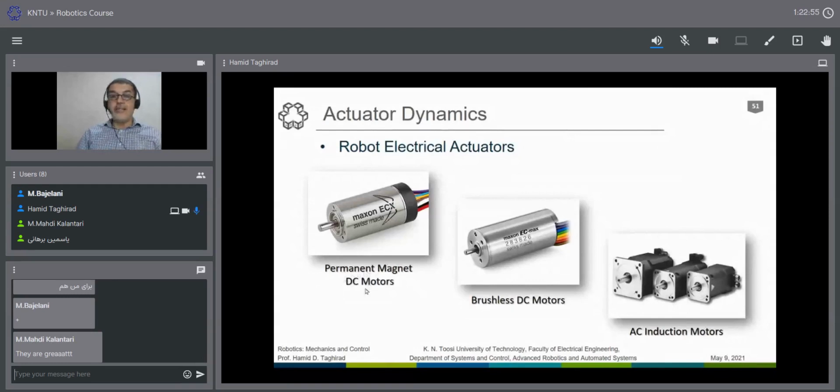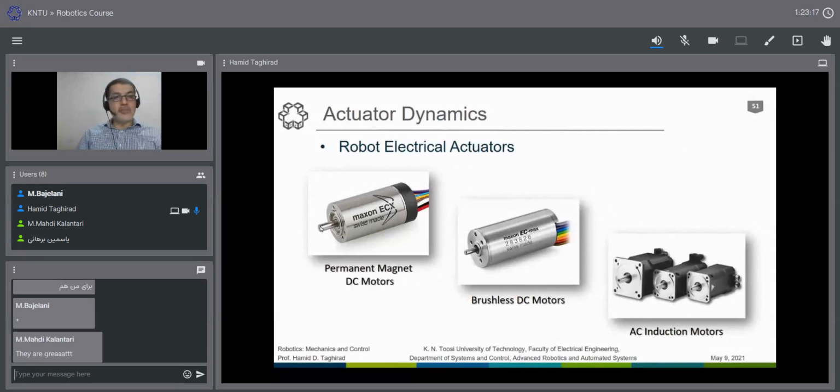The permanent magnet DC motor, PMDC we call it. A newer version of that is brushless DC motors. Ali is working on the drive of brushless DC motors. And we have induction motors, AC motors as well.